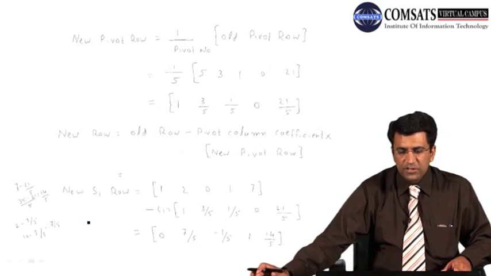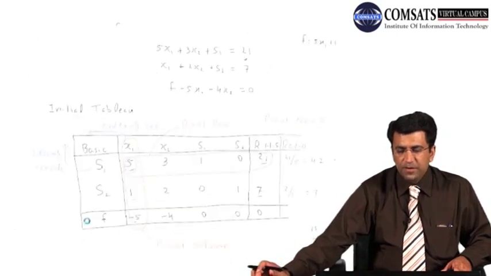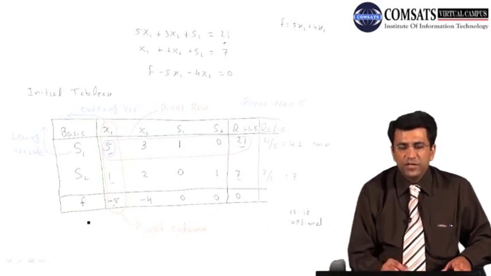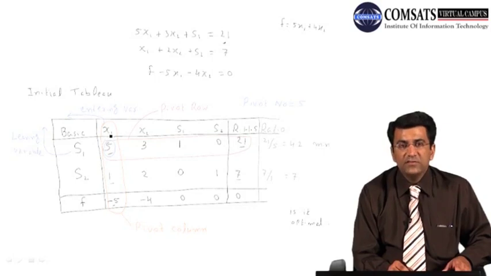Let's go to the previous table. In this table we have identified the two variables, that is the entering variable and the leaving variable. I told you that in the next table, this value of s1 will be replaced by x1, because x1 is identified as the entering variable.